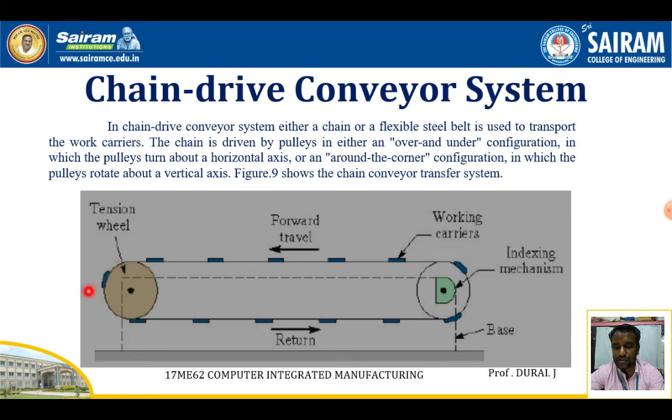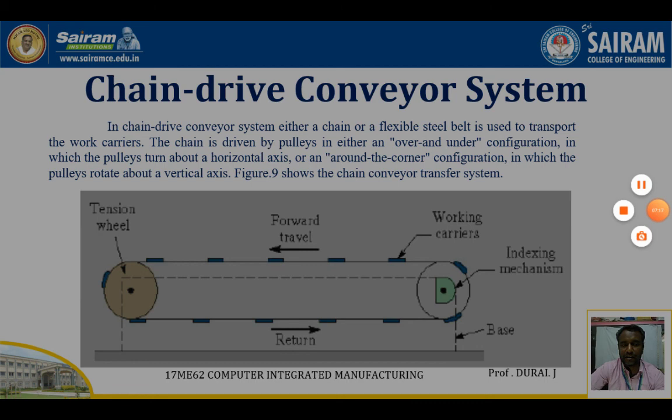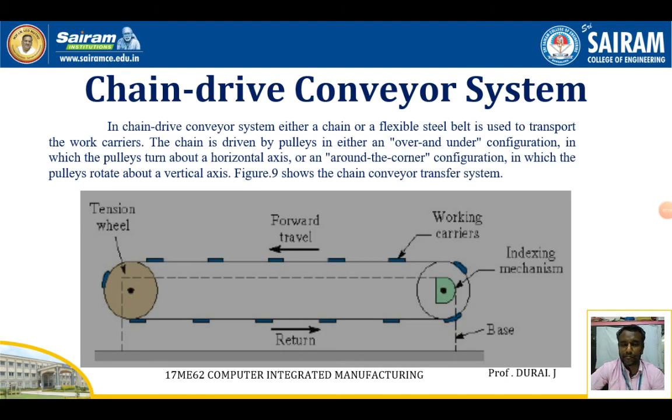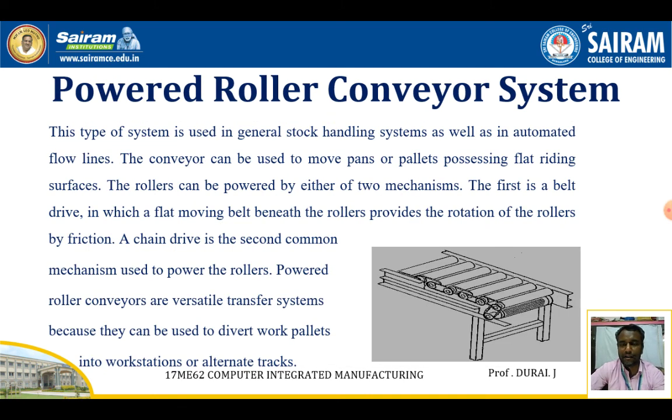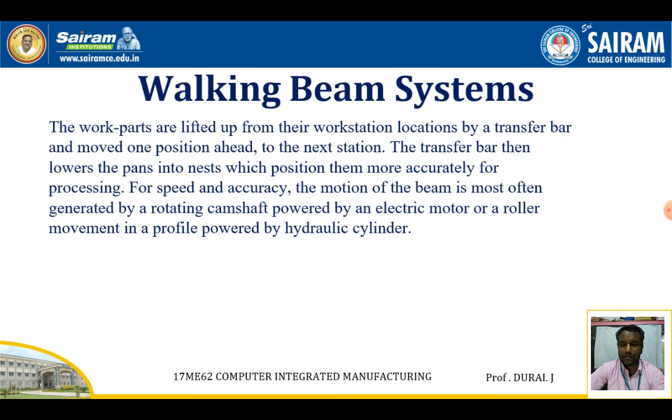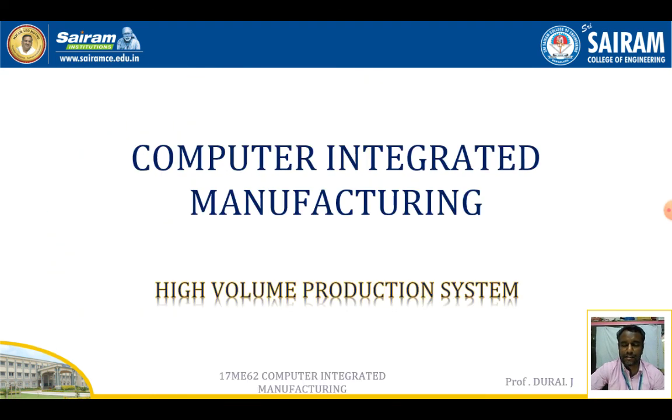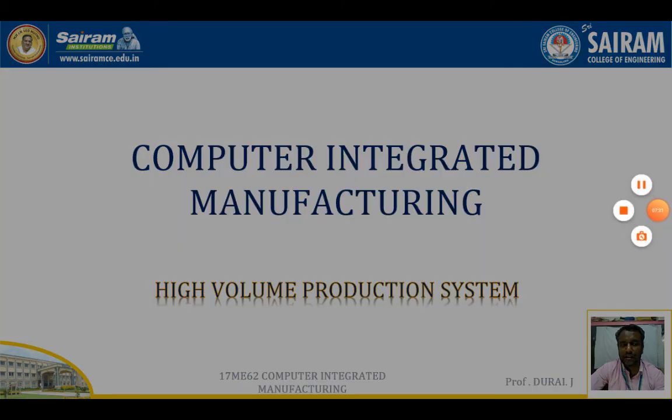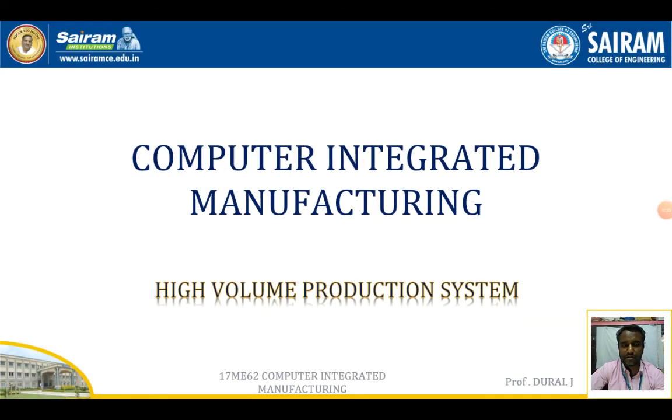Once the component is dropped, the work holder moves on, and again picks up a component. It keeps rotating like that. So this is about the chain conveyor. This is the linear transfer mechanism. Next we are going to discuss the rotary transfer mechanism system.